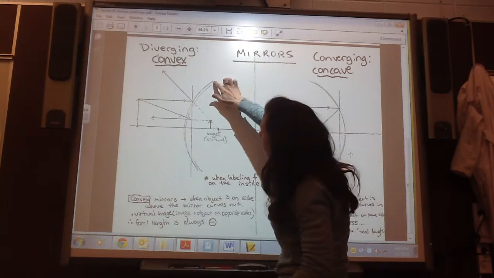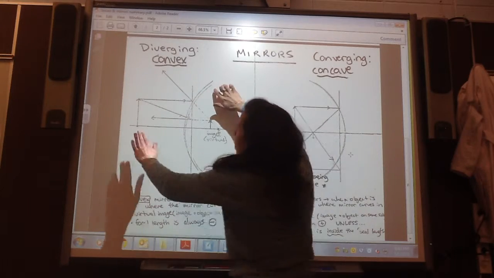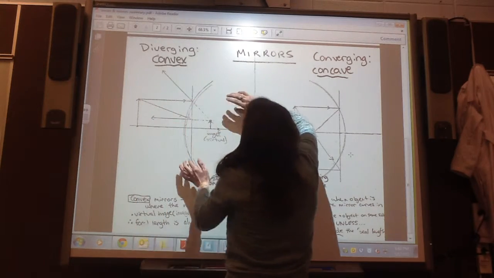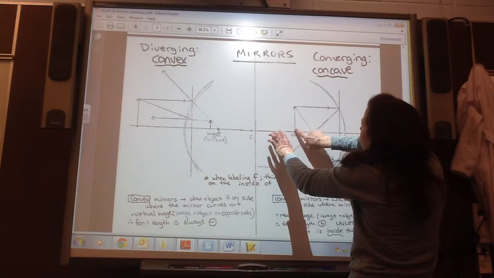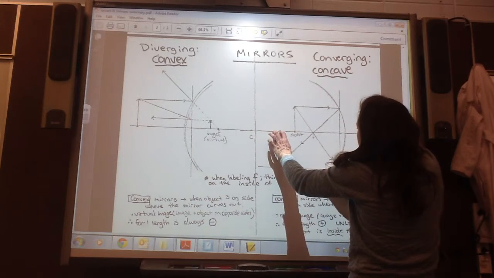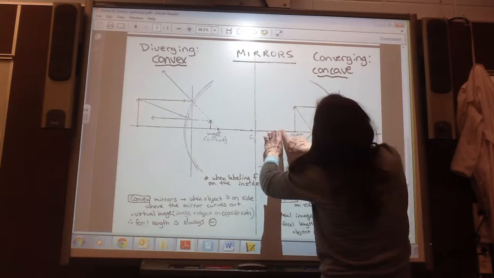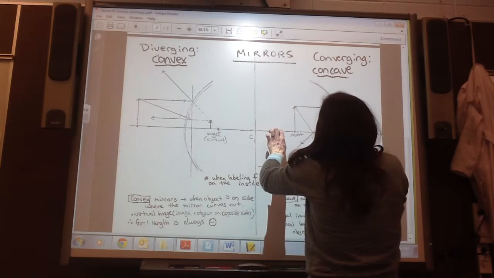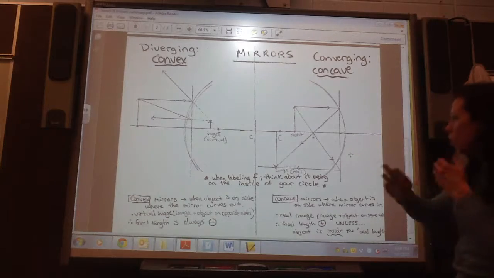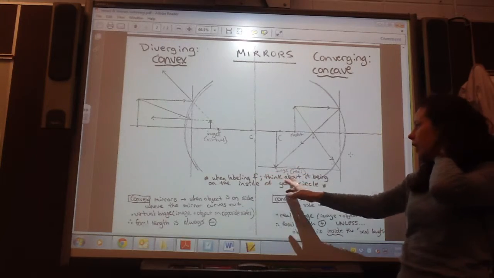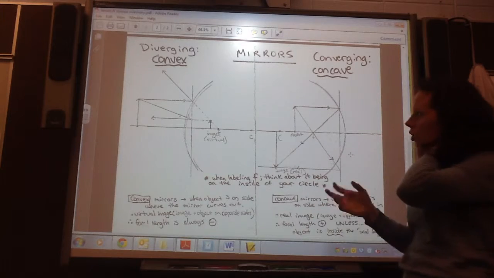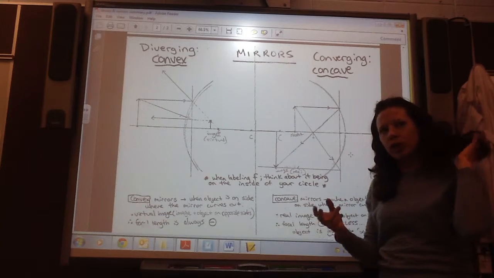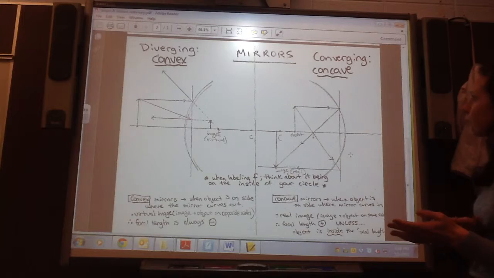To make this mirror where the object is here and bounces off here, the cut had to be here, and here would be the center. So when labeling F or C, think about it being on the inside of our circle. That will maybe be a rule to help you with your drawing.